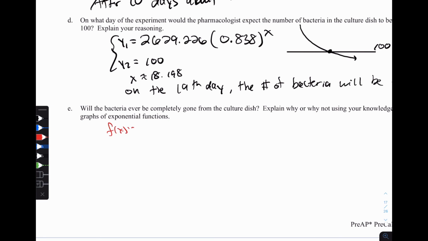So f of x's graph has a horizontal asymptote at y equals 0.